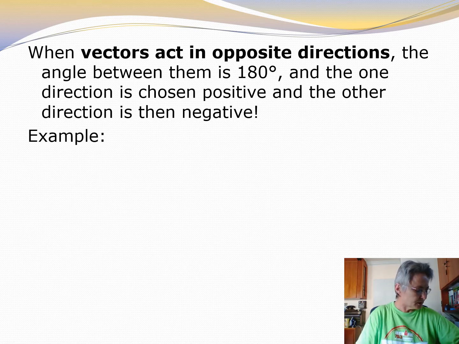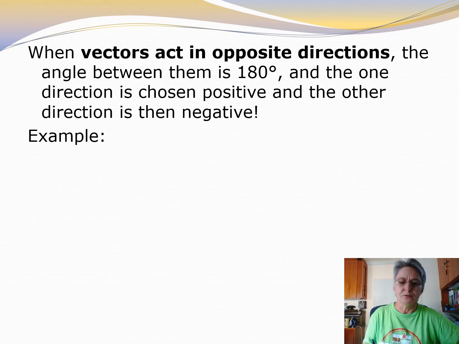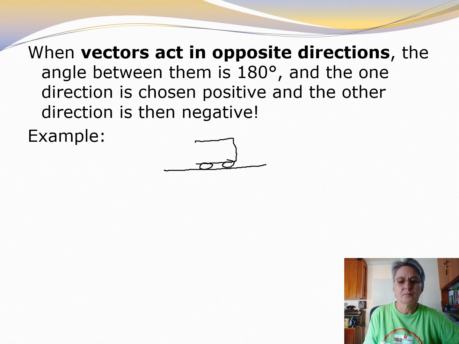Nazli pushes a trolley in a supermarket with a force of 100 newtons. So here we go. Got a trolley there. And she pushes. The force of Nazli is 100 newtons to the right.